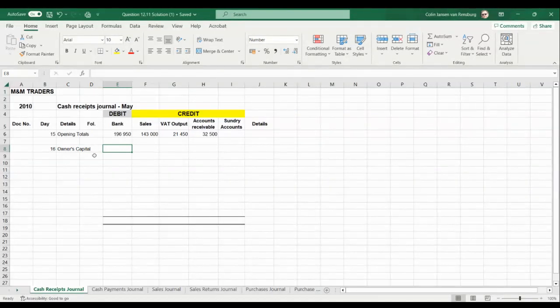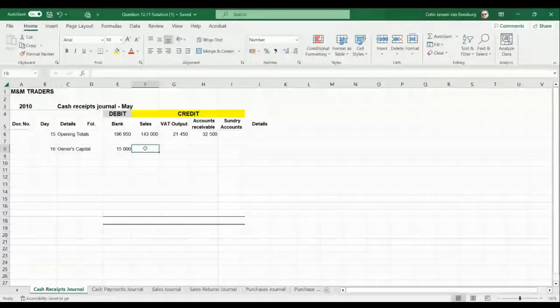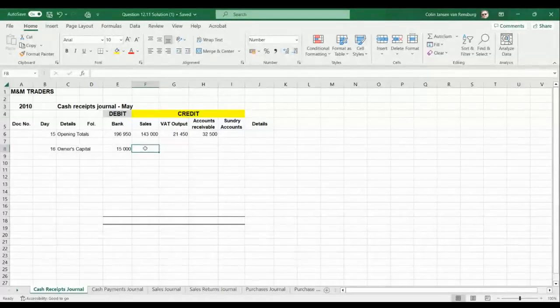By the way, the folio will just be the account number in our books for owner's capital, but we'll just leave that out for our purposes at the moment. When you're in practice, you will have those numbers. And also next year in accounting information systems 1B and 1C, when you are going to be doing, amongst others, Sage Cloud Accounting, you will see where those account numbers come from.